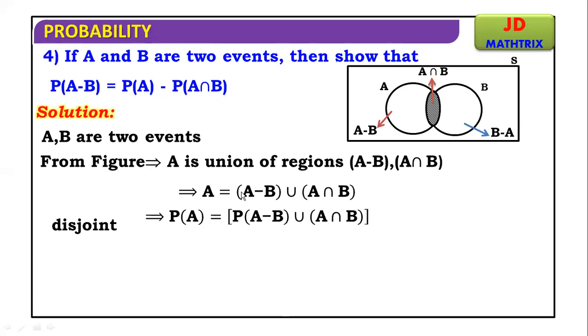Therefore, P of A can be written as P of A minus B plus P of A intersection B.